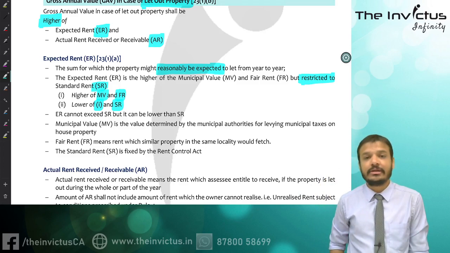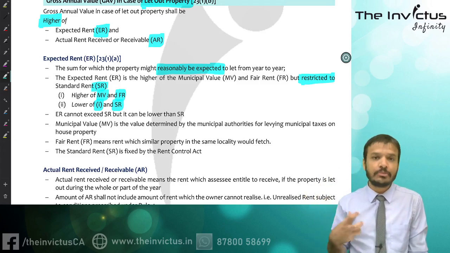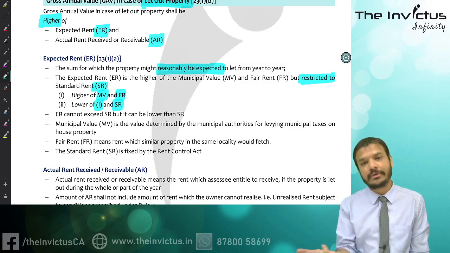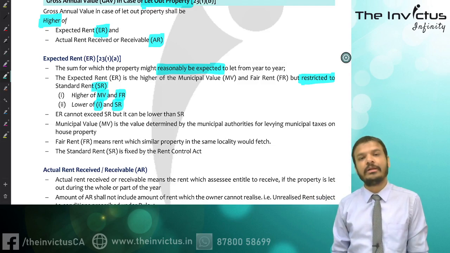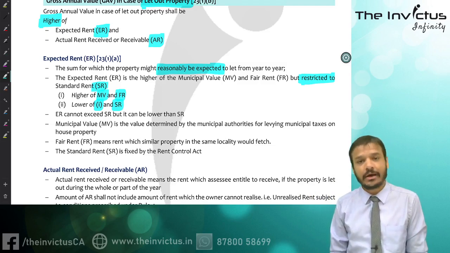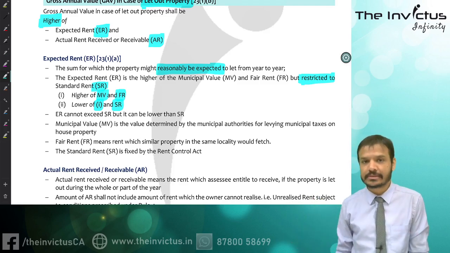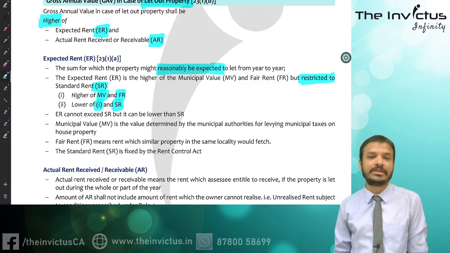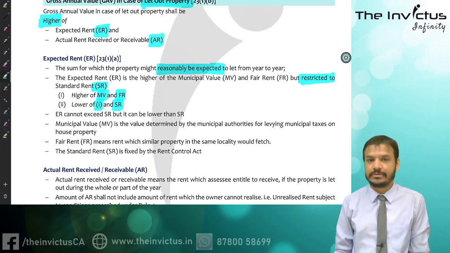So in the question they might not give you municipal valuation directly, they may give you the percentage of municipal tax and the amount of municipal tax. You need to make a reverse calculation. For example, municipal tax paid is rupees 10,000, and in additional information they have given us municipal tax is 10% of municipal valuation.